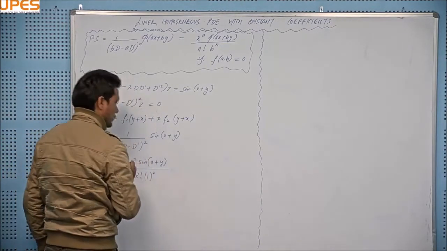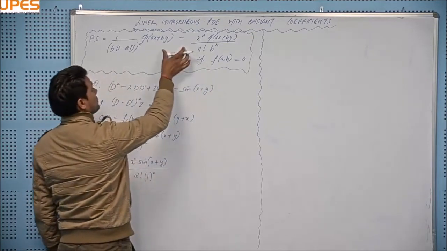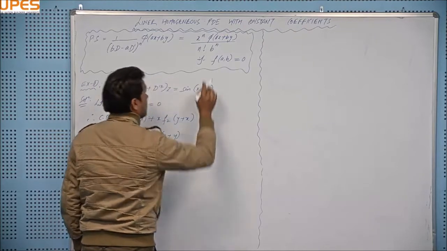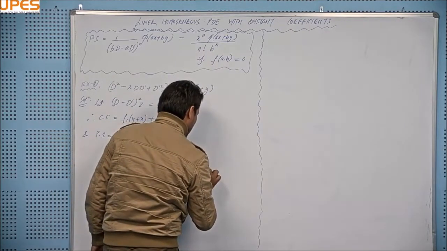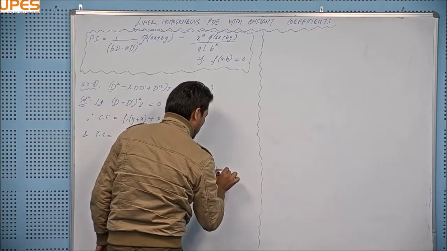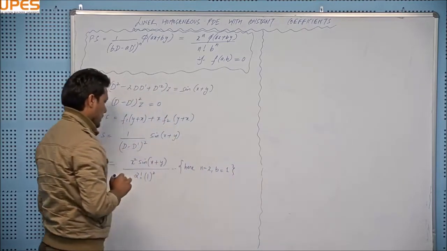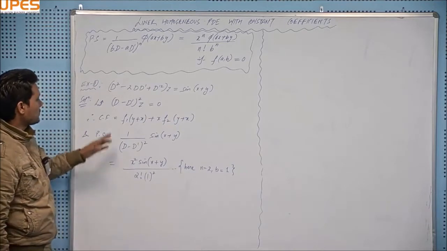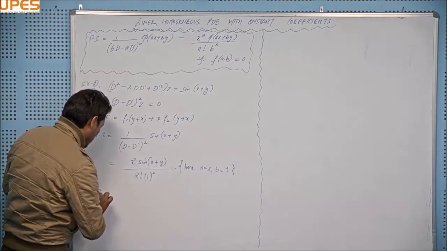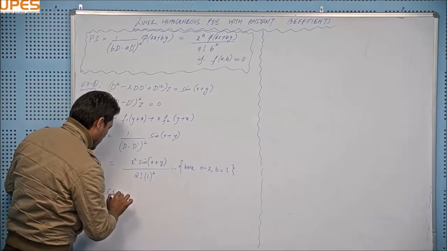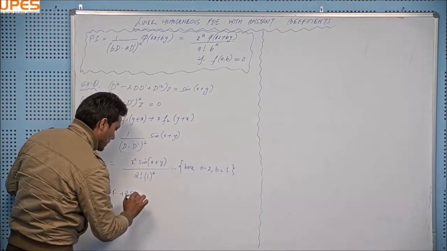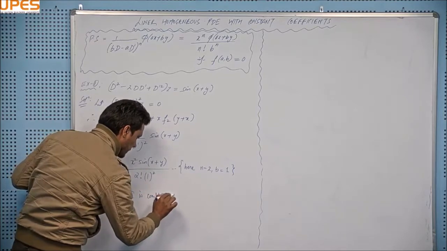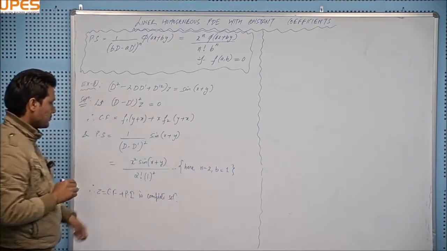Using this formula for n equal to 2 and b equal to 1, this is the answer. 2 factorial is 2. So the complete solution will be z equal to CF plus PI.